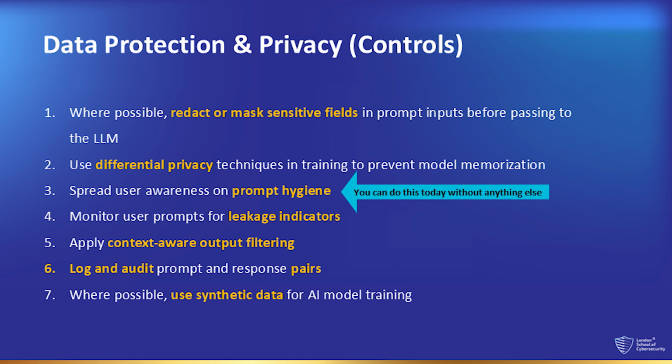The first thing is, where possible and as much as possible, when you pass the input from the prompt to your LLM, try to redact or mask any sensitive data, sensitive fields, right? But then that means that you need to embed the logic of detecting what is sensitive data as well.